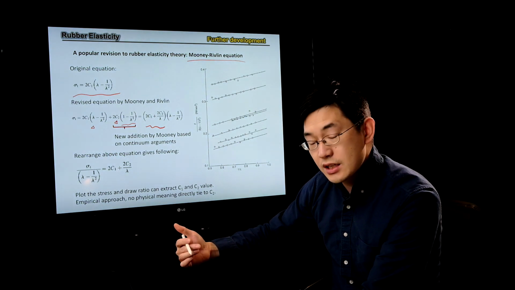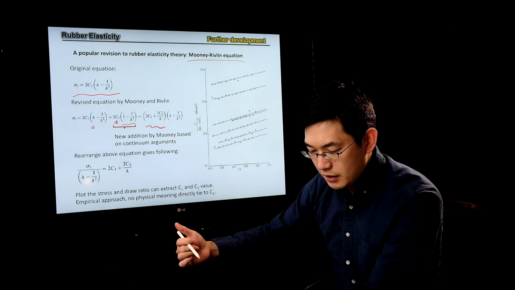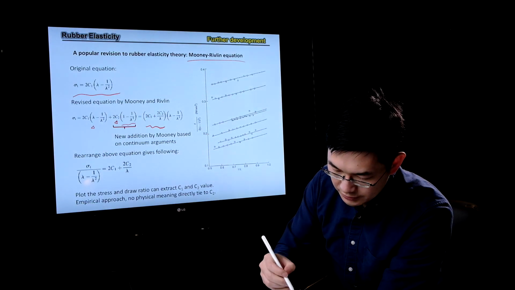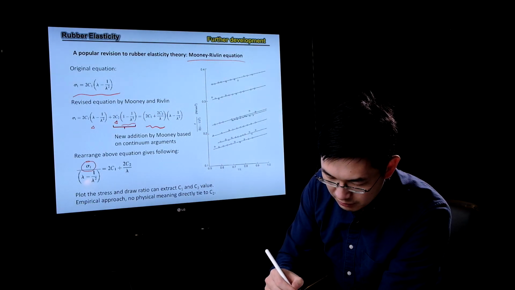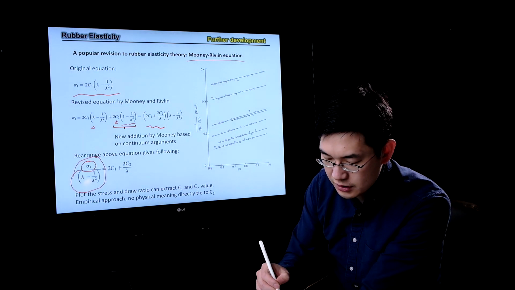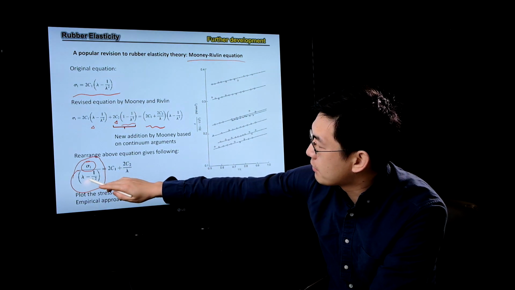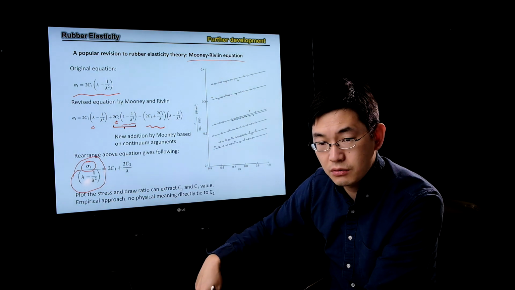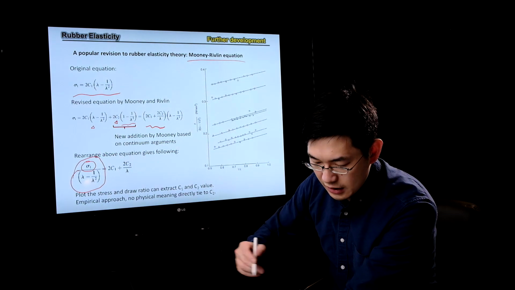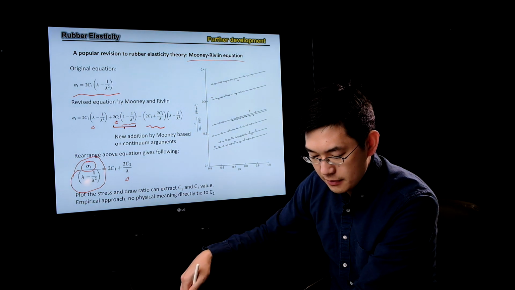So how do we get the C1 and C2? C1 and C2 are two constants, and the way we get them is based upon measurement of stress and strain. We can measure the stress, we can measure the strain, but now instead of plotting stress versus strain, we need to modify the stress with stress divided by lambda minus 1 divided by lambda squared. So this is a new y value, and you can plot against 1 divided by lambda. This would be x.